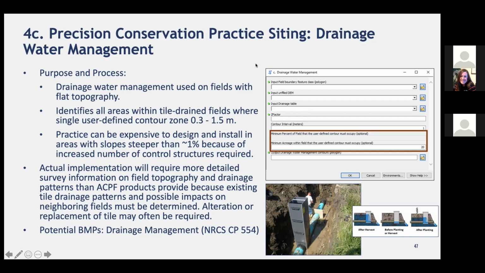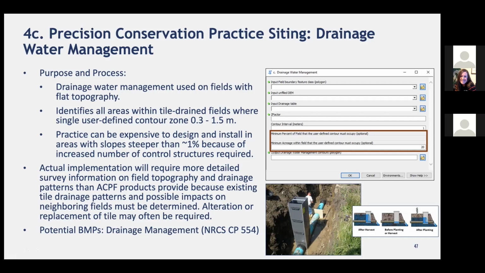So to run this tool, you need your field boundary class. So we're looking at the field scale, an unfilled DEM, that drainage table that Josh talked about in steps 1 through 3. And then the user has some discretion about the contour interval that they want to consider. So again, somewhere between 0.3 and 1.5 meters.